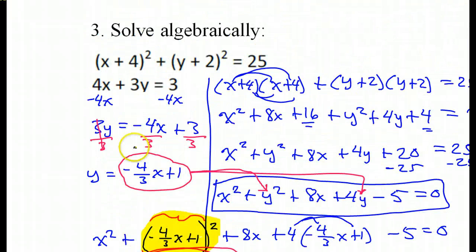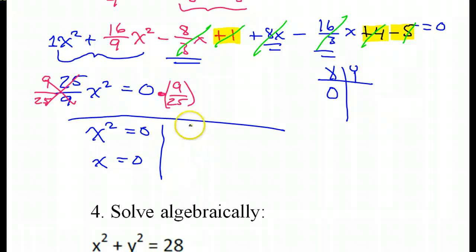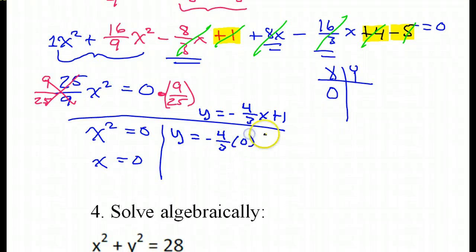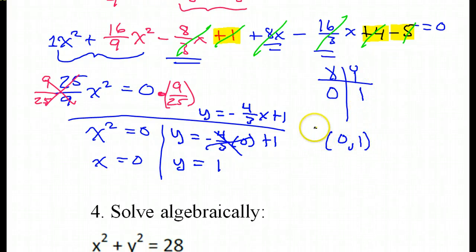Remember, y equals negative 4 over 3x plus 1. So y would equal negative 4 over 3 times 0 plus 1. That would mean y equals 1, because the 0 part goes away. So that would give us the point 0, 1.